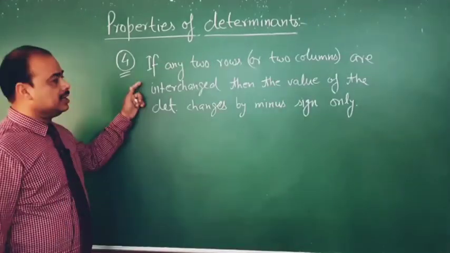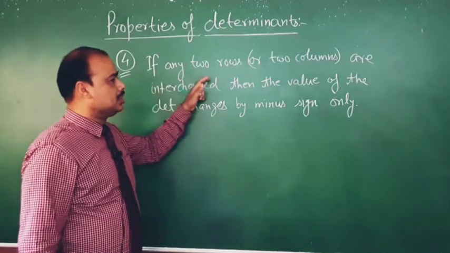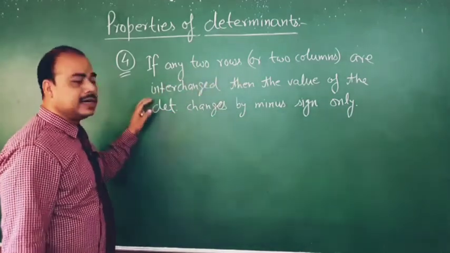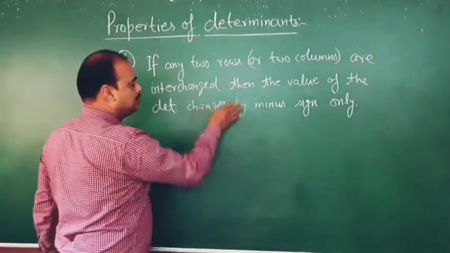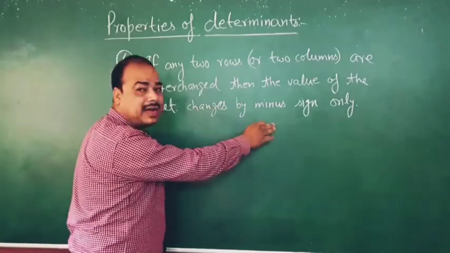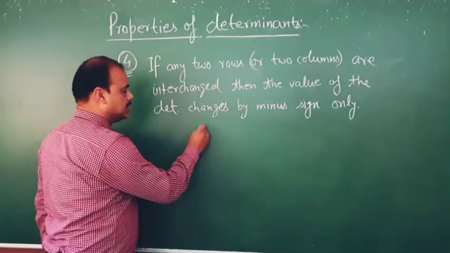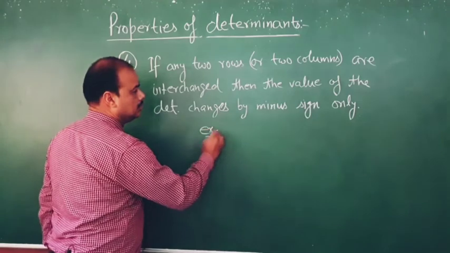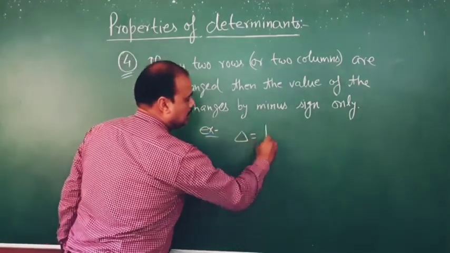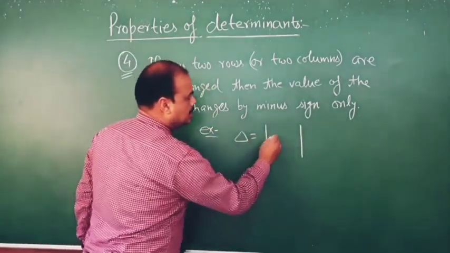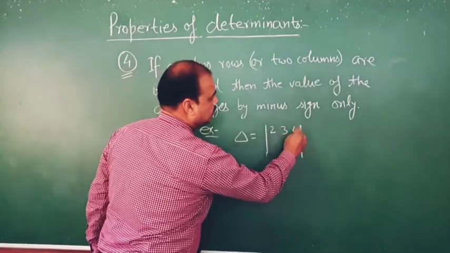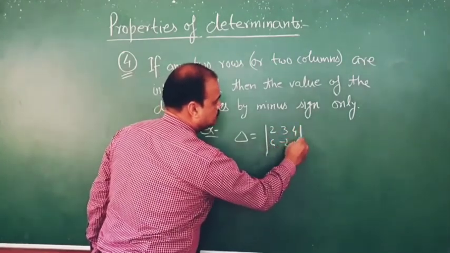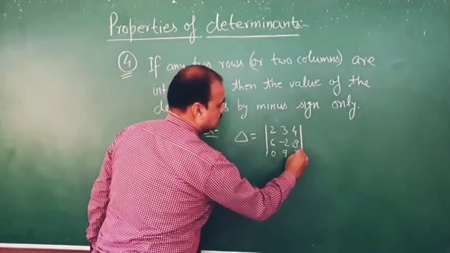Understood? Fourth property. If any two rows or two columns are interchanged, then the value of the determinant changes by the minus sign only. For example, this is an order 3 determinant 2, 3, 4, 6, -2, 8, 0, 9, 3.